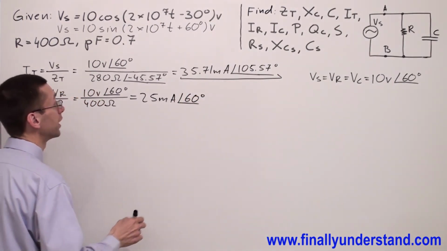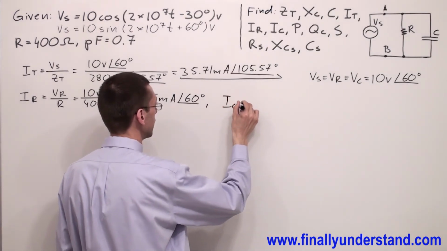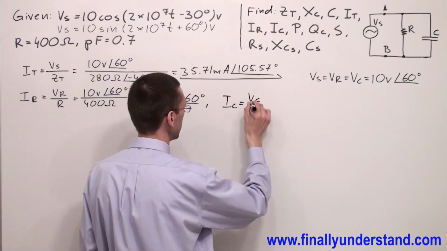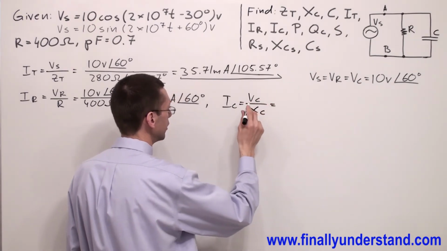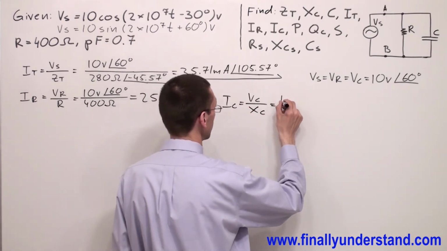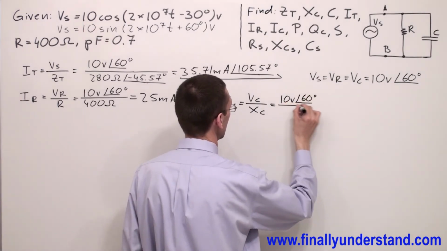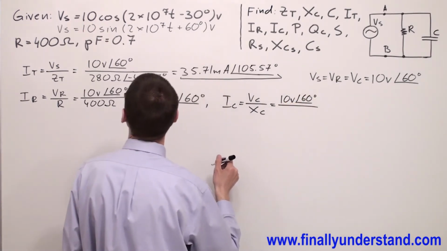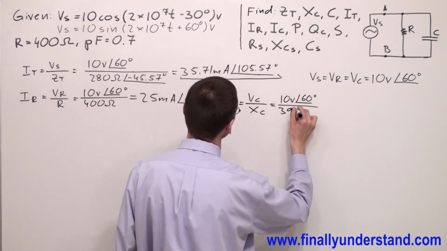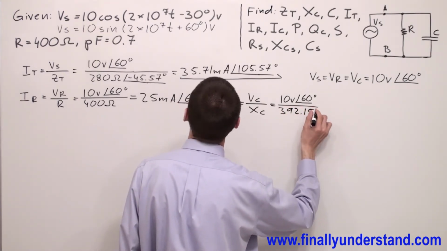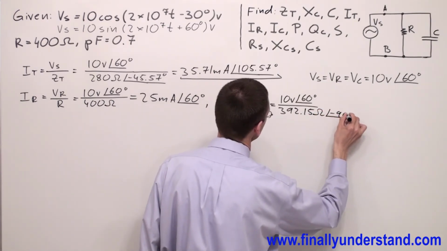Next, we're supposed to find the current which goes through the capacitor. So IC is equal to the voltage across the capacitor over the capacitive reactance, where VC is equal to 10 volts and angle of 60 degrees, over XC, which is equal to 392.15 ohms and angle of negative 90 degrees.